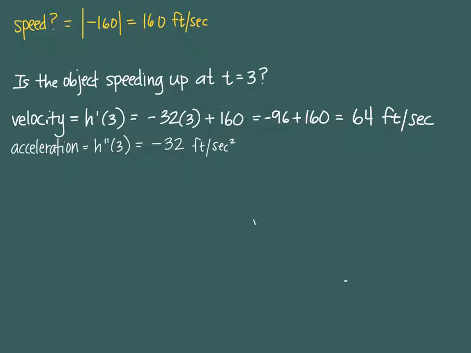Because the velocity and acceleration are opposite, this thing is not speeding up. It is going up, but that is different than it's speeding up. It is going up, but it is slowing down. Its direction is facing upwards, but it is slowing down as it's happening. So then you would say, is the object speeding up? No.